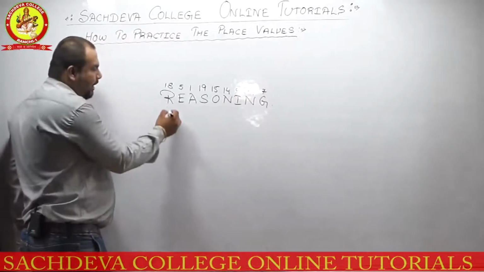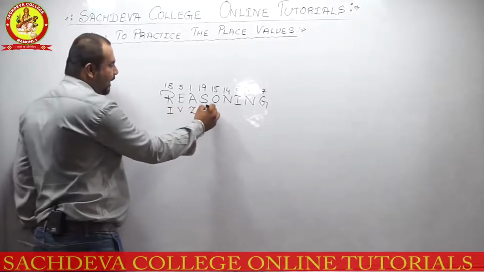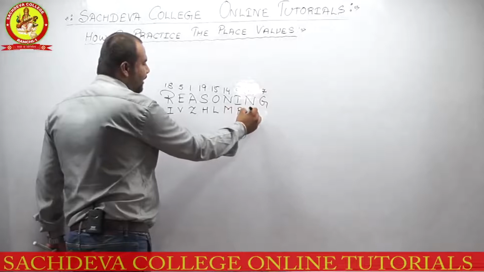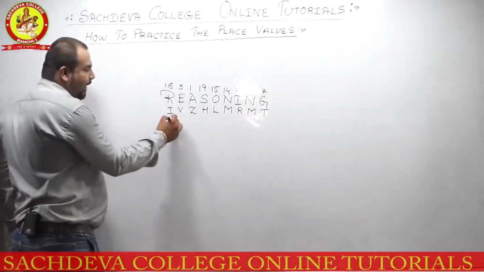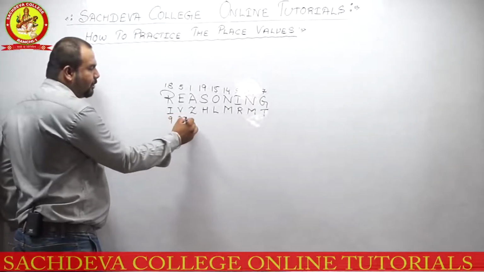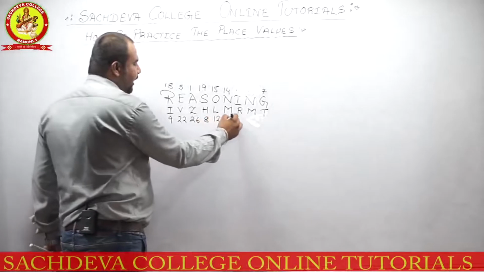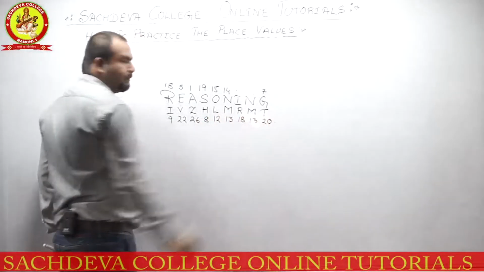Then we have R's opposite is I, Love: E V, A to Z, High School, Love: L O, MAN, Indian Railways, MAN, then GT Road. Then again we have I 9, V 22, Z 26, H 8, L 12, M 13, R 18, M 13, T 20.